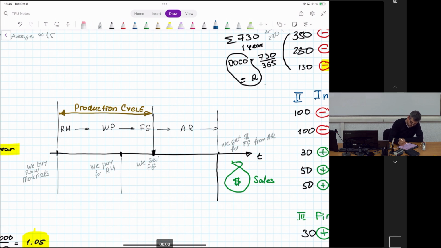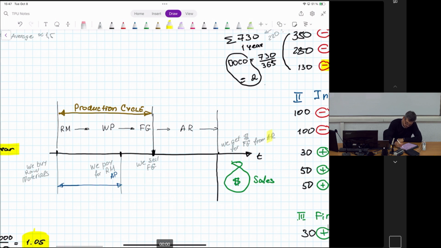So this time over here is the time that we wait before we pay for our raw materials. When we buy it, we get accounts payable. Then we wait, and we pay for the raw materials, or accounts payable. So we cover our accounts payable.